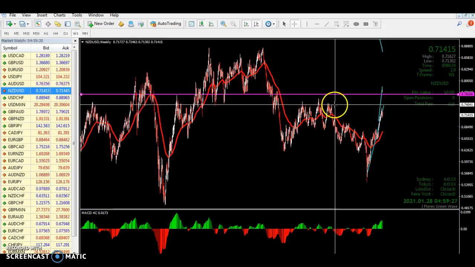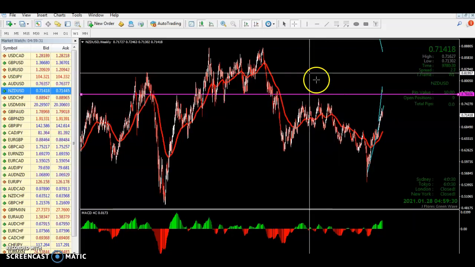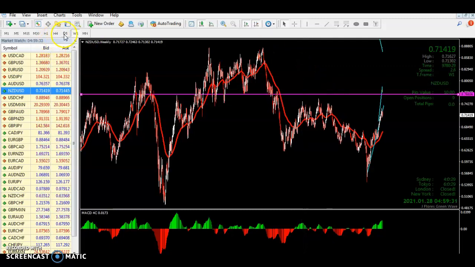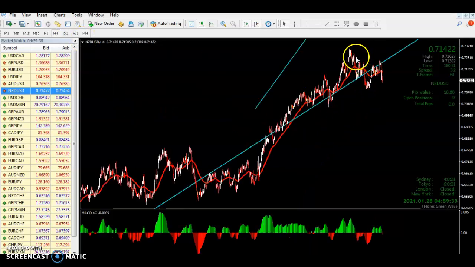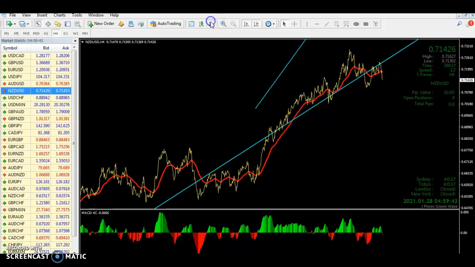So the market can still go a little bit higher. We'll see. Let me go to daily, but on the 4 hour we are doing that correction right there. So definitely, if I make this a line right there, I will go from this low to the previous right there.